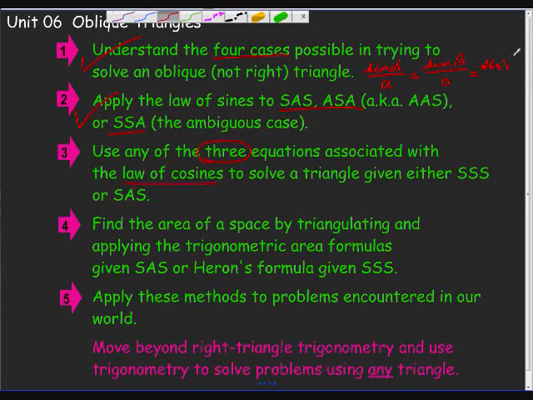So there's the law of sines. And in this lesson today, we're going to be working with the law of cosines. We'll work later on finding the area of a space and doing some word problems.